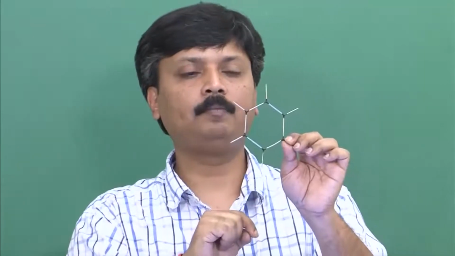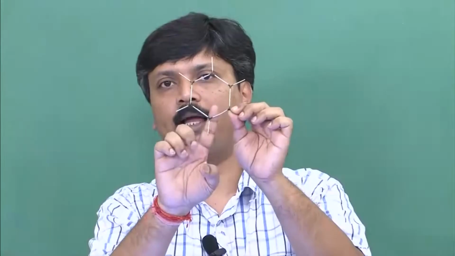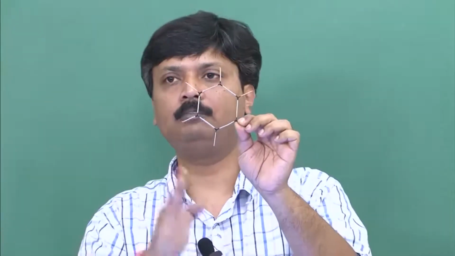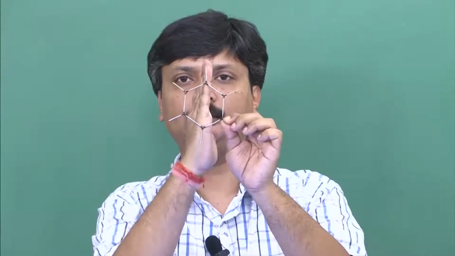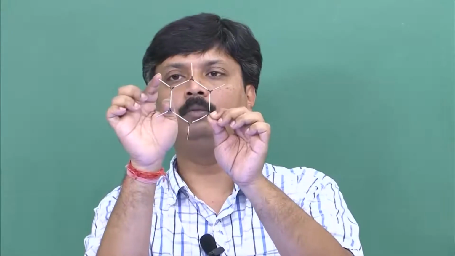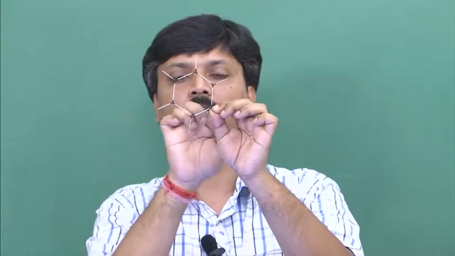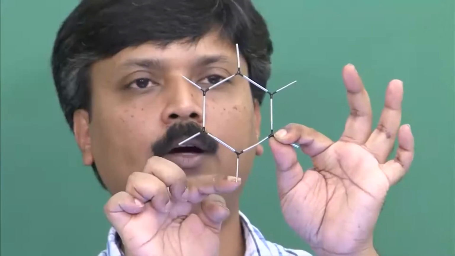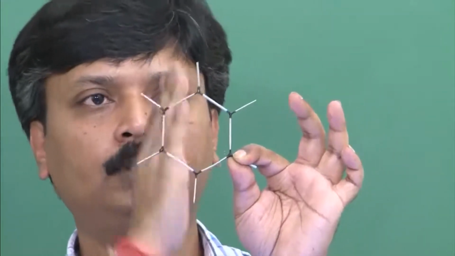So now we have already figured out what will be the principal axis of symmetry here, this thing, and we have already figured out sigma H, so forget about it. Now let us find out sigma V in this case. If I have a plane in this direction, then this particular hydrogen has a counterpart here, similarly this one has a counterpart here, this one has a counterpart here, okay, sorry, this one will be cut into halves, this one and this one.